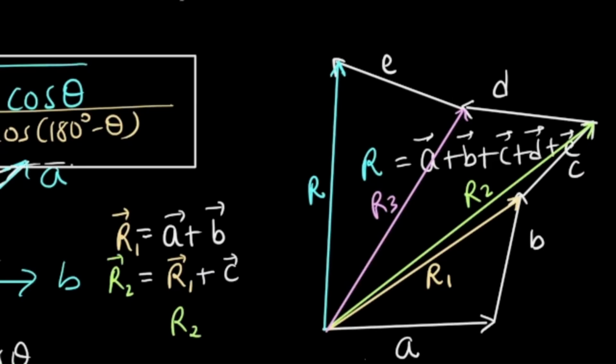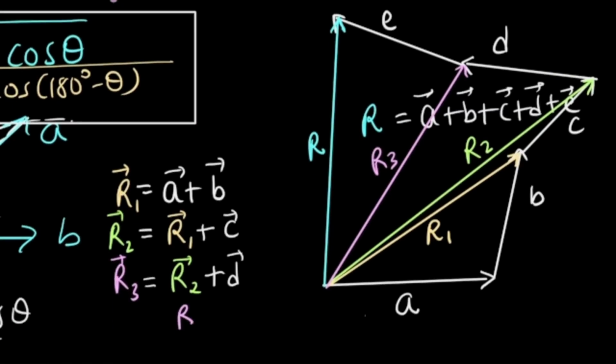Then go ahead and add R2 to D, and that gives us vector R3. Lastly, add vector R3 to vector E, and that gives us vector R, the final R.